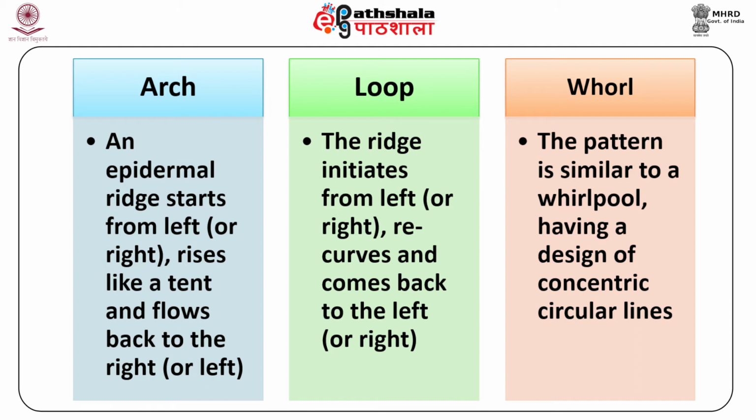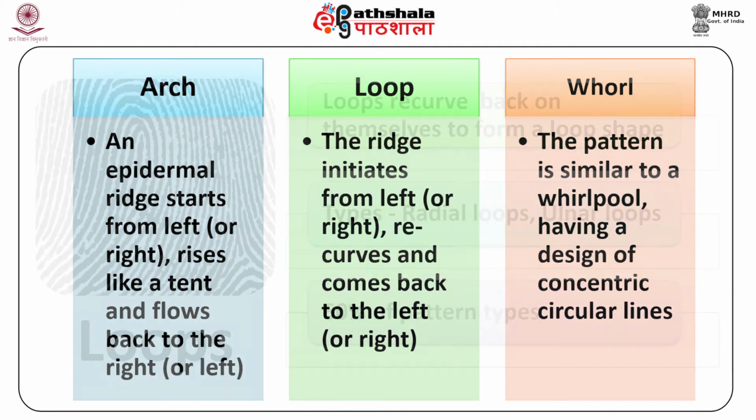The whorl pattern, as its name implies, is similar to a whirlpool, having a design of concentric circle lines. As has already been stated, arcs, loops, and whorls represent only a broad classification of fingerprint patterns. There are several subcategories under each of these classifications.